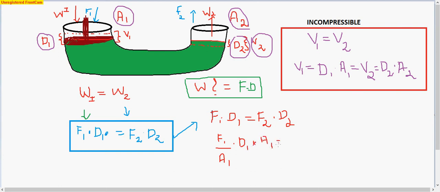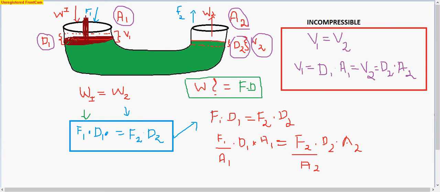I hope you have understood what I've done over here. I can cancel this A1 and this A1, so there's no change in the equation actually. And similarly I'll divide and multiply with A2 over here. See? Now comes the substitution part.